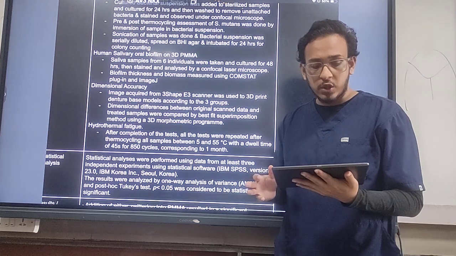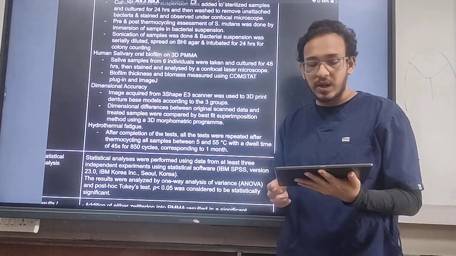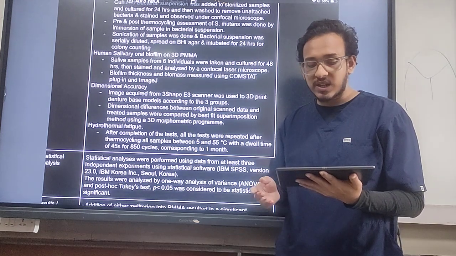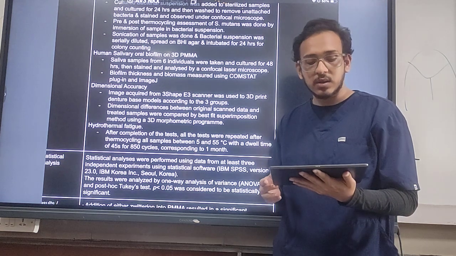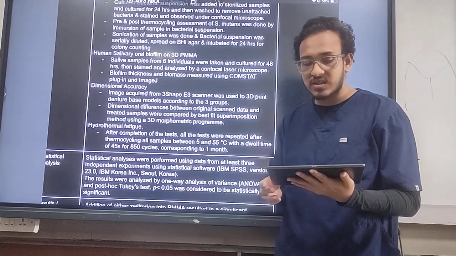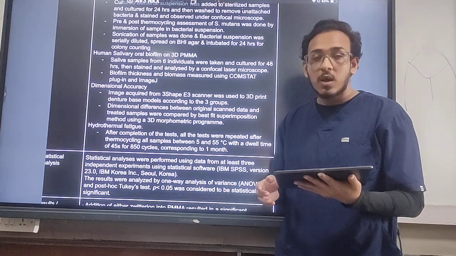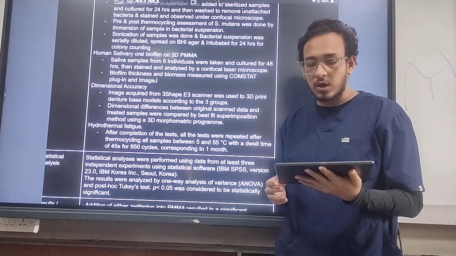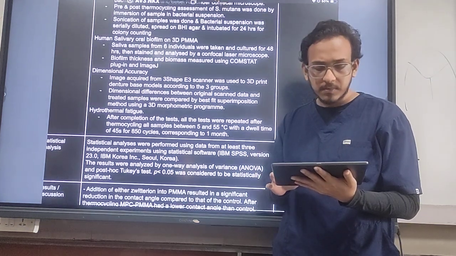So, human salivary oral biofilm on 3D printed PMMA. Saliva samples from 6 individuals were taken and cultured for 48 hours, then stained and analyzed by confocal laser microscope. Biofilm thickness and biomass were measured using the COMSTAT plugin and ImageJ software.